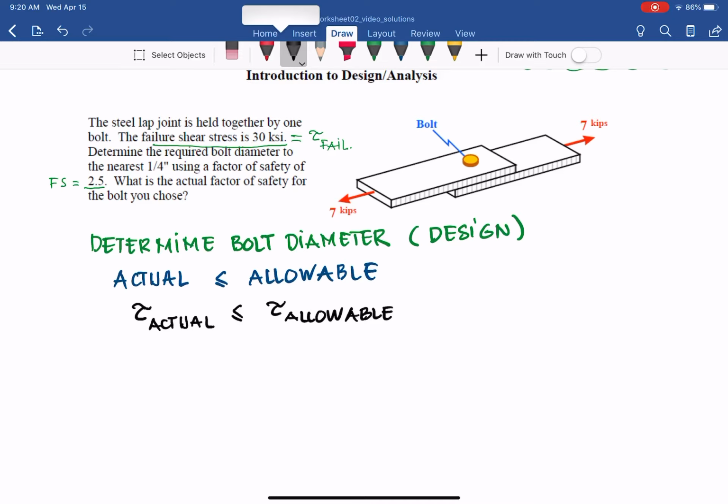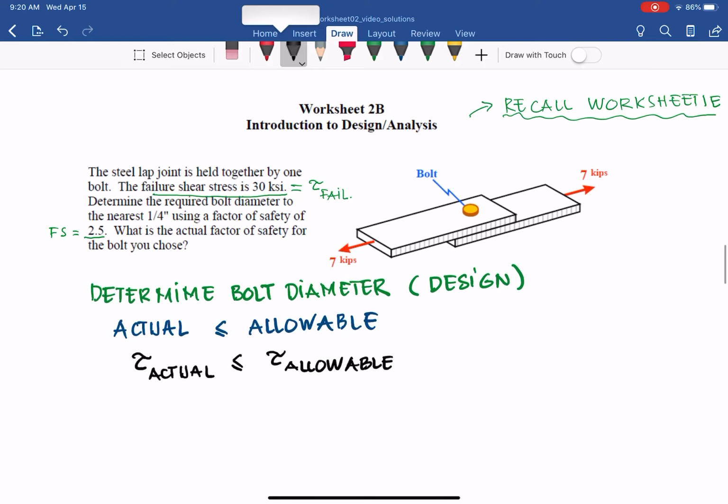In problem worksheet 1E, which I mentioned earlier, the actual tau for single shear equals the shear force divided by the transverse area, and that has to be less than or equal to the allowable.